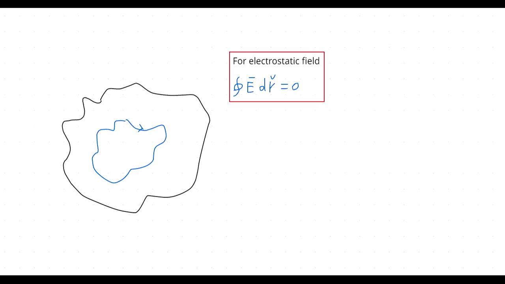So electrostatic field is not enough to support electric current, and it means that there is no electric current inside a closed conductor.